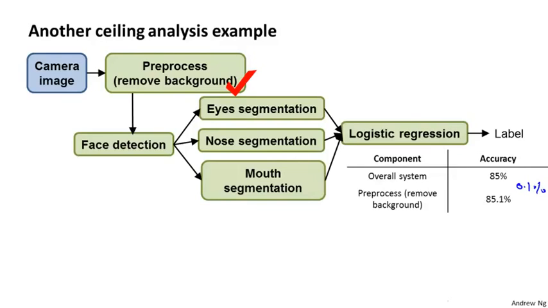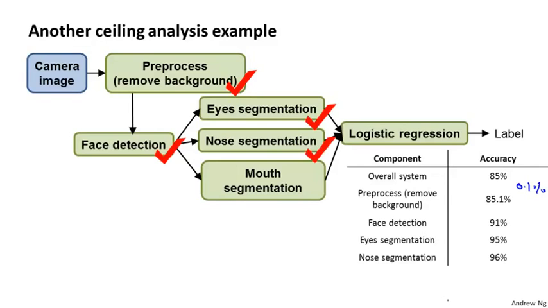Then we can go to the test set, give it the correct face detection images, then again step through the eyes, nose, mouth segmentation in some order. Just pick one order. Let's give the correct location of the eyes, correct location of the nose, correct location of the mouth, and then finally if I just give it the correct overall label, I get 100% accuracy.